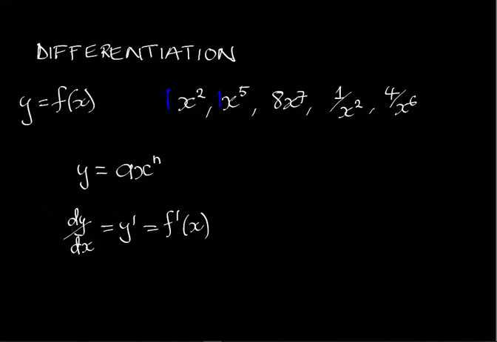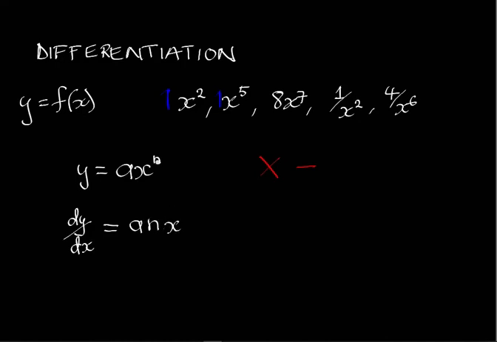Now, how do we go about it? Here I'm going to show you the general formula, which is usually known as the power rule. dy dx, which is differentiating this, is equal to, you multiply. Let me just write something quick that will help you. We multiply, and then we're going to subtract. So we multiply a and n.